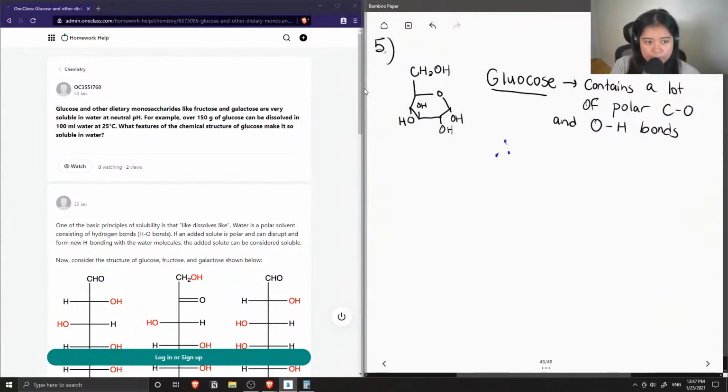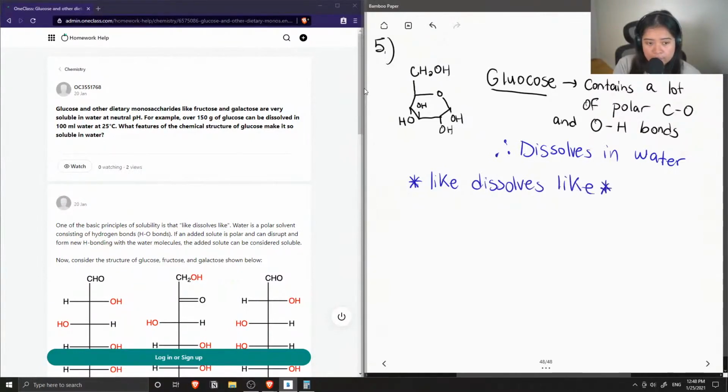So therefore, this dissolves in water. And it also helps to remember the phrase that like dissolves like. So meaning polar substances will dissolve other polar substances.